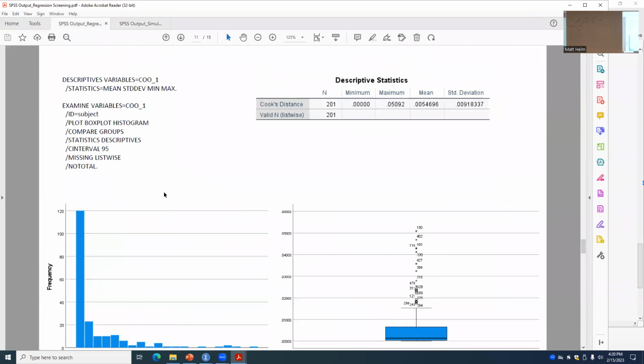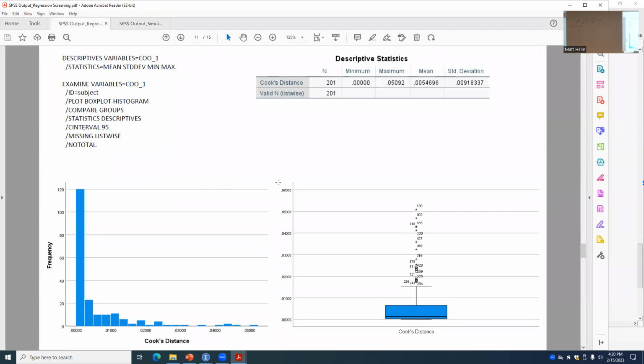Okay. Last thing I'm going to do is go through and do the same thing for my influence. Right here, I'm just going to focus on Cooks. And that's what you do. You don't need to fool around with covariance ratios. Just go through and take a look at Cooks.